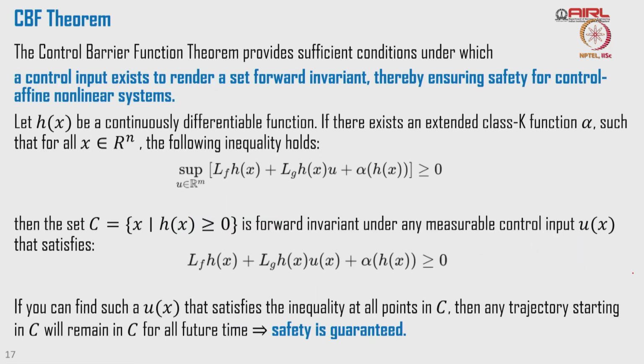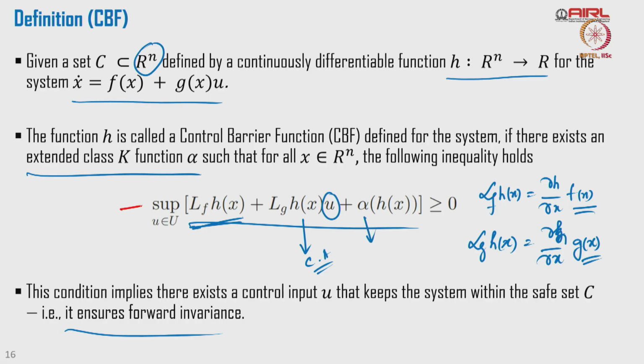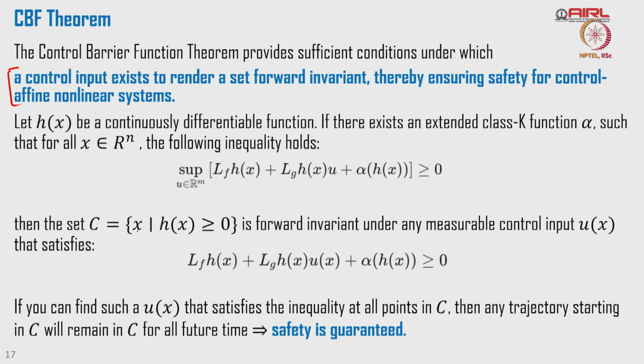So what is the control barrier function theorem? It tells that the control barrier function theorem provides sufficient conditions under which a control input exists to render a set forward invariant, thereby ensuring safety for control affine nonlinear systems. So we have control affine nonlinear systems, we can define a control barrier function like this, where this inequality holds, then we can say that a control input exists to render a set forward invariant.